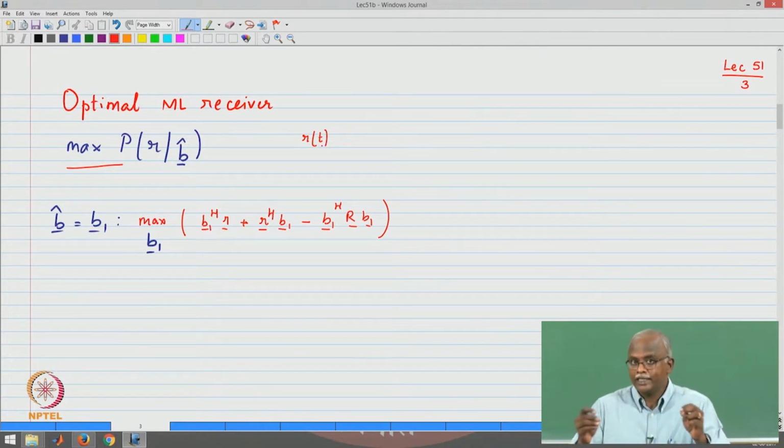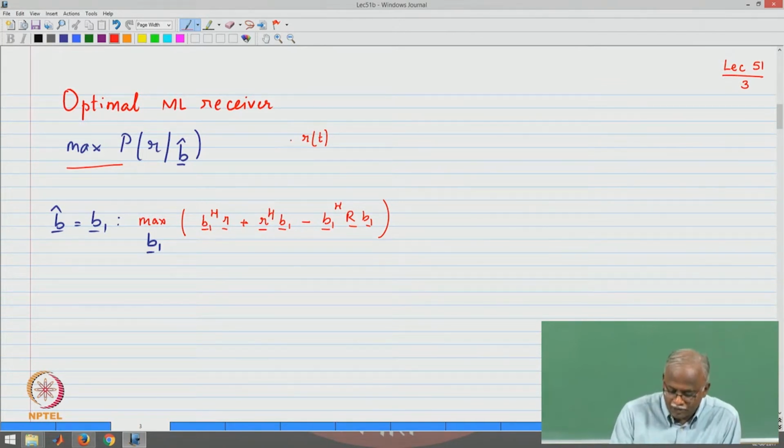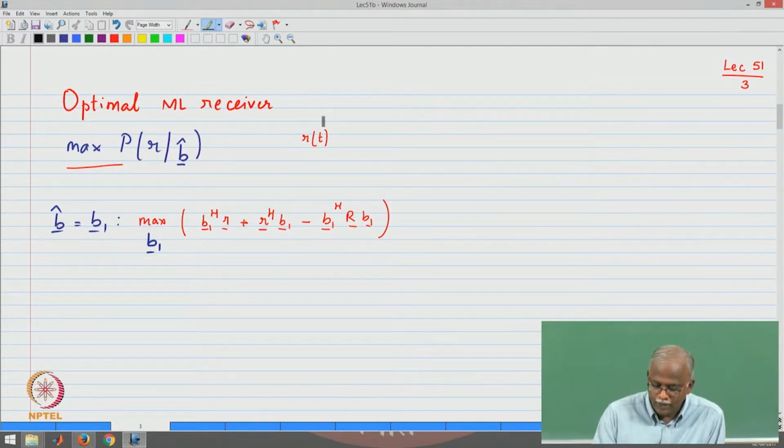Now, R of t is a continuous waveform. So, we are maximizing the probability that the received vector is R of t when the vector B hat was transmitted.